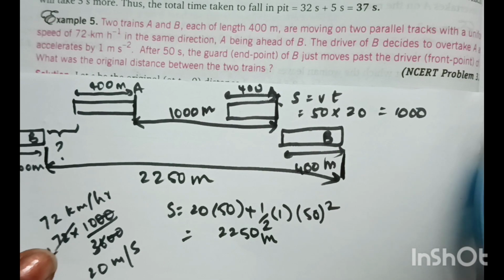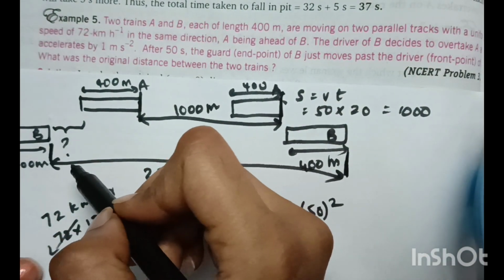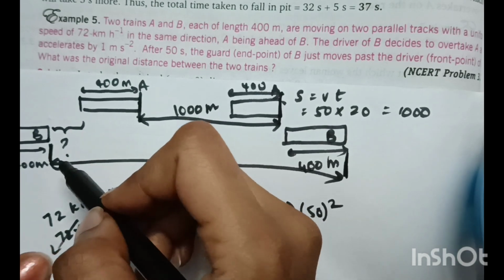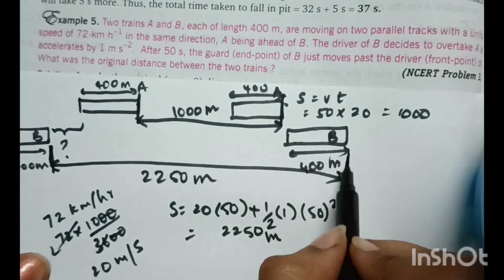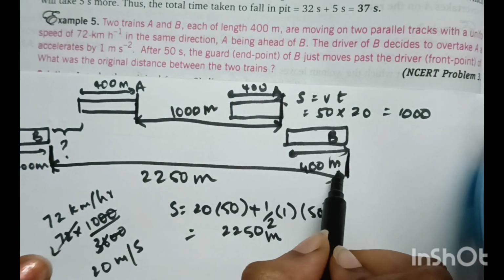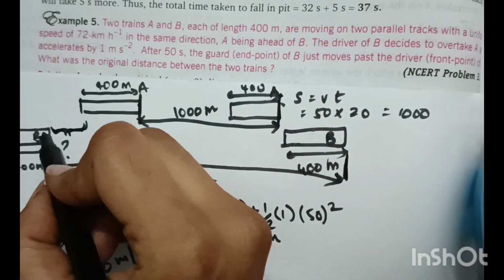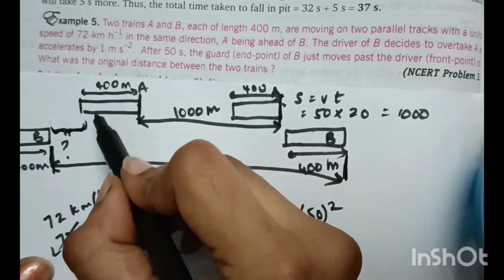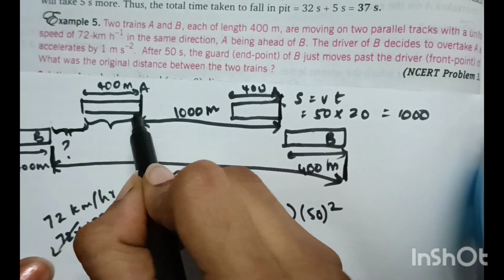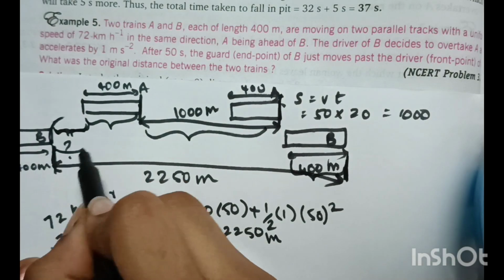Now we have everything. Now we have to calculate the distance between the two trains earlier. Original distance between them we can calculate now very easily. This to this point, it is 2250 meter. We want this distance, that is what is being asked. So if I eliminate this distance and this distance, then I will get this distance.